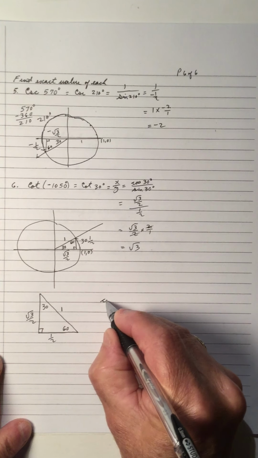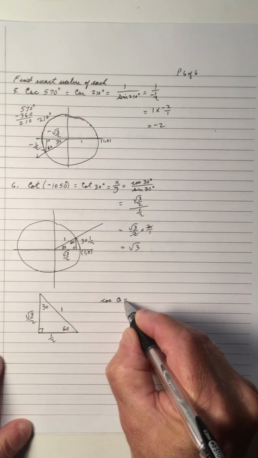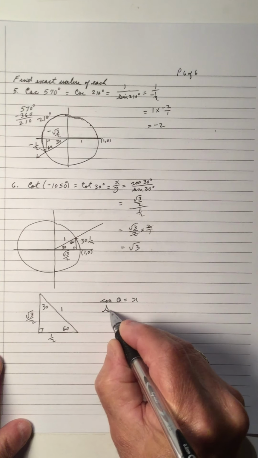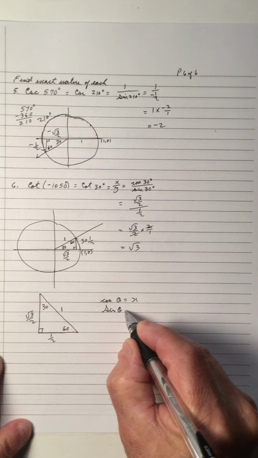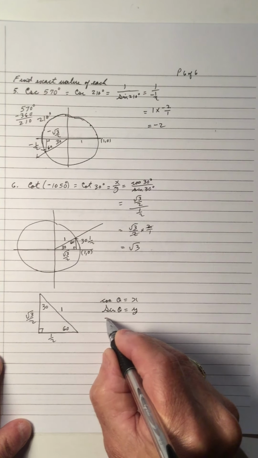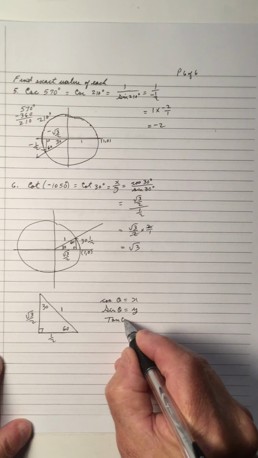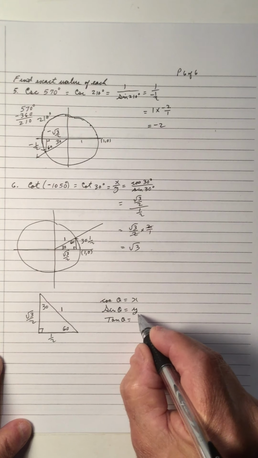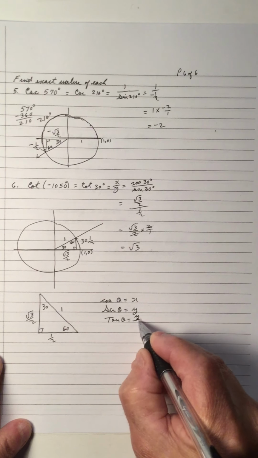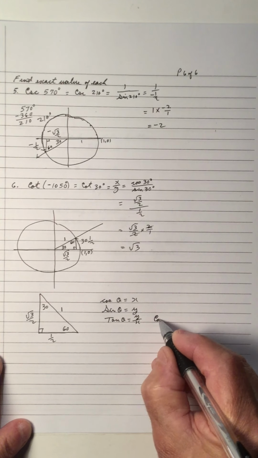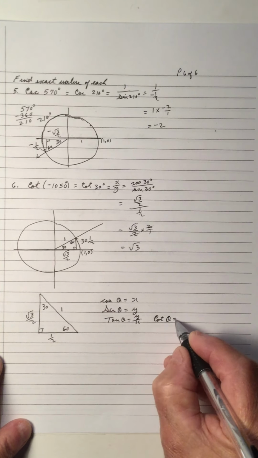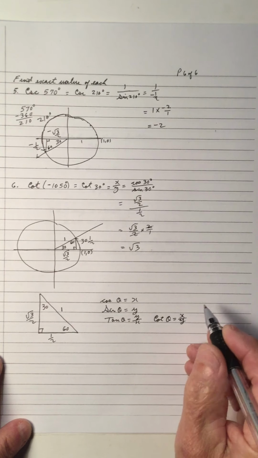And the cos of theta is the x, the sine of the rotation is y, and the tan is the y over the x. The cot is the x over the y.